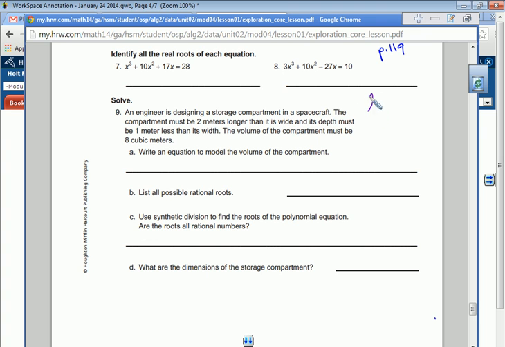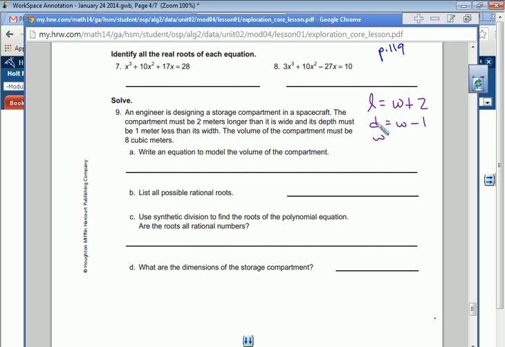Okay, so it says that the compartment must be 2 meters longer than it is wide. So could we say the length is the width plus 2? And the depth must be 1 meter less than it is wide. So the depth would be the width minus 1. So these are my 3 dimensions here, length, width, and depth.